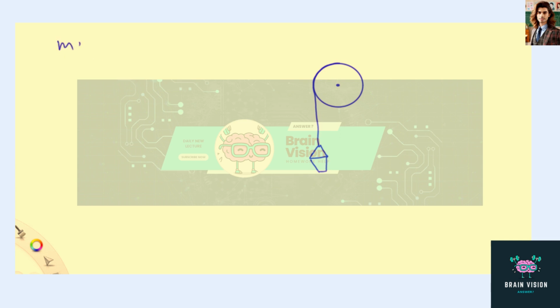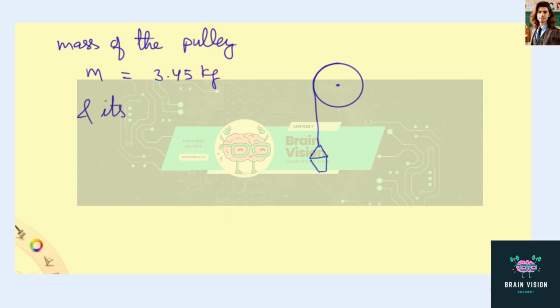Mass of the pulley is given as m equal to 3.45 kilogram and its radius, that is r, is equal to 0.420 meter.